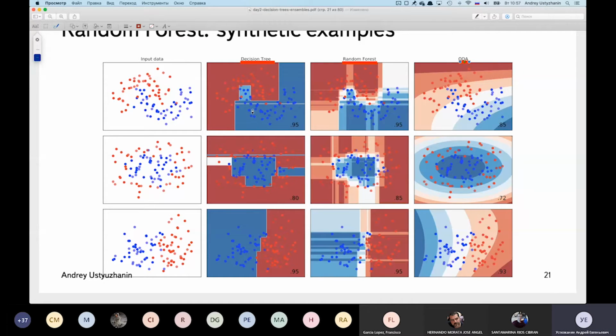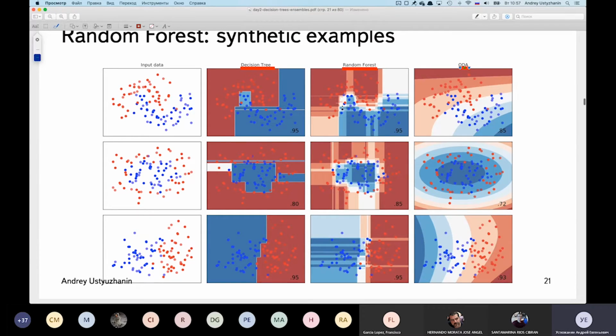Depending on the depth, it can go really nasty, but it's not very smooth, I would say. In comparison, with random forest you see that it is able to carve those white areas here, which means that it is not certain about what to do there, and there are areas where it gives a very solid color. It means that it is quite confident about the decision it makes in those areas.